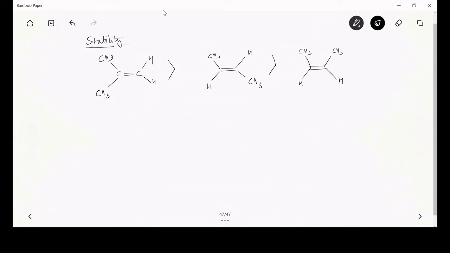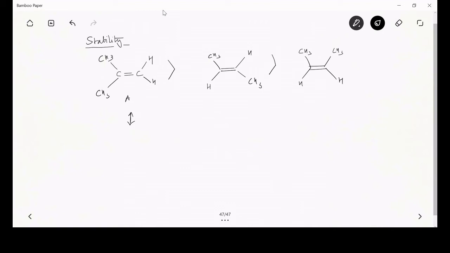Now let us draw the resonating structures, the structures formed after hyperconjugation, and compare the stability of those structures. First of all, let us think about this propene or compound A. For this, the hyperconjugation will happen.